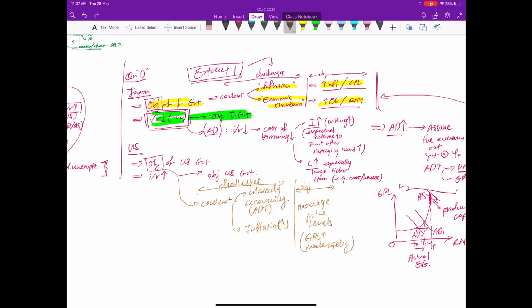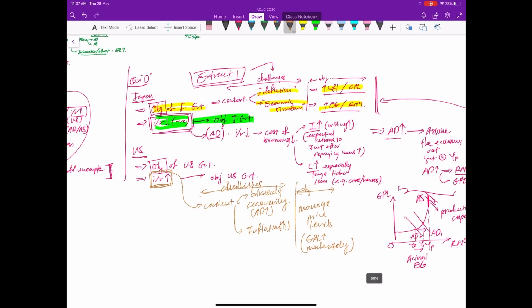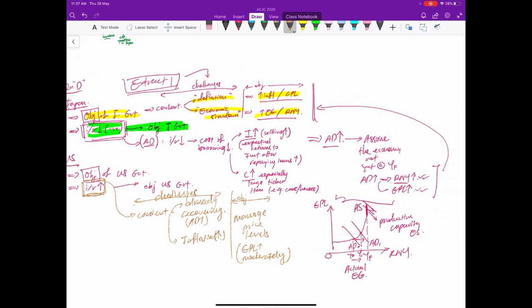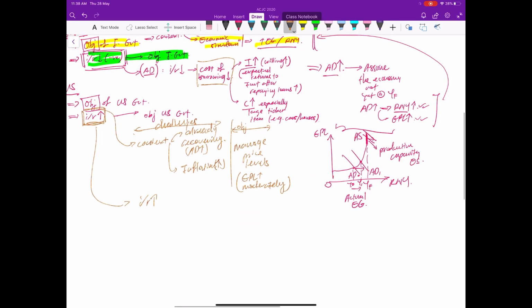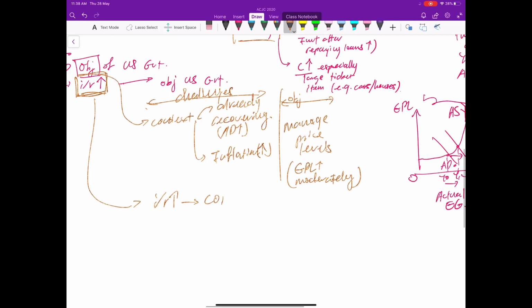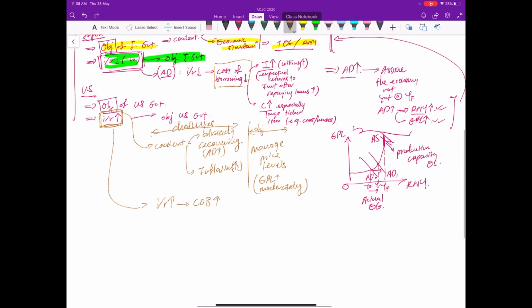Okay, and because the objective is different, they pursue a different policy. In fact, it's the reverse line of reasoning as Japan's case, where Japan reduced their interest rate to reduce the cost of borrowing. In the US, what they did was to increase the interest rates to increase the cost of borrowing. And this will have an effect on I, an effect on C, and an effect on AD.